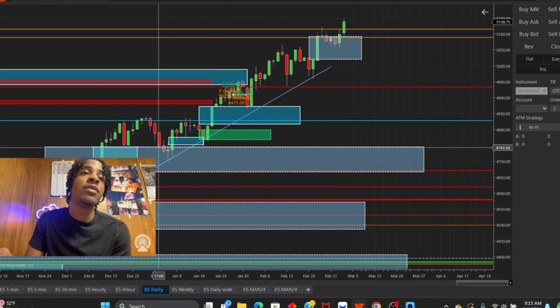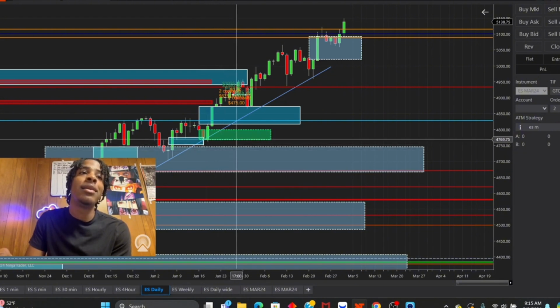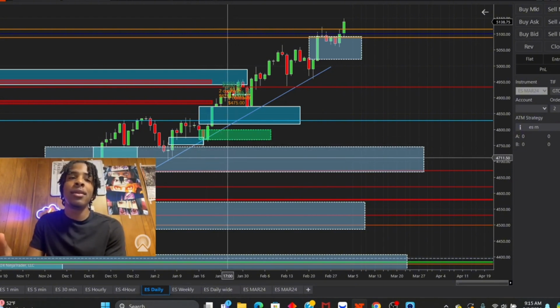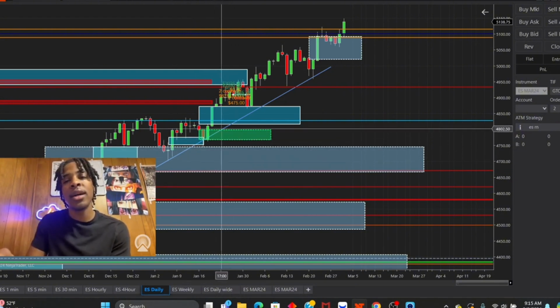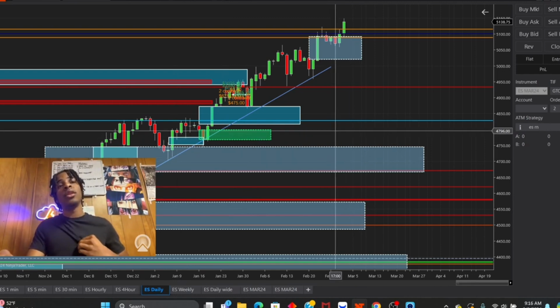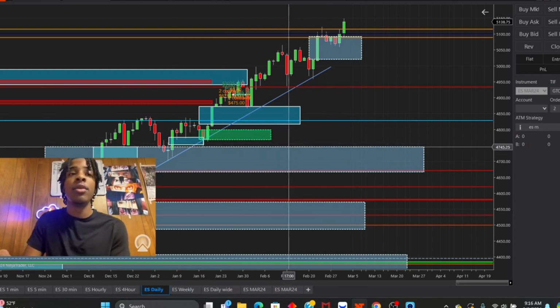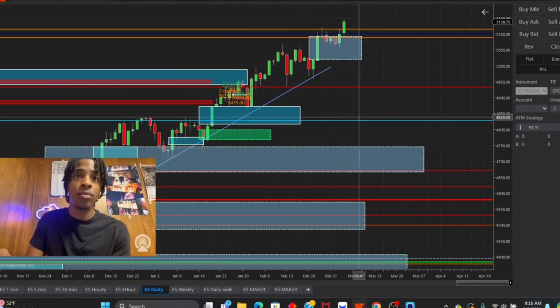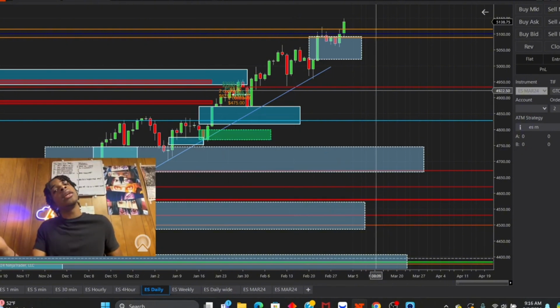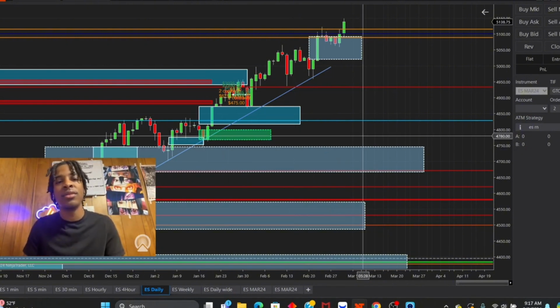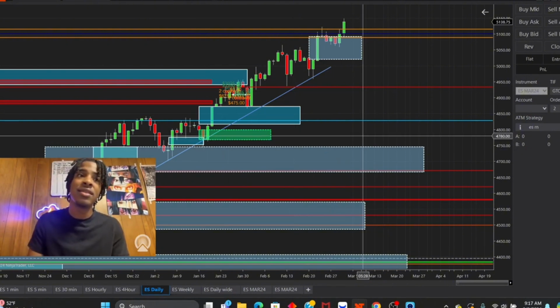So now that also gives you a level of support. So next time it comes down here, you can have a confluence in your mind of thinking, okay, this was a strong support level. Buyers weren't letting it come no lower than this, and it'll more than likely shoot up again, creating my confluences. But for the most part, that's my strategy.